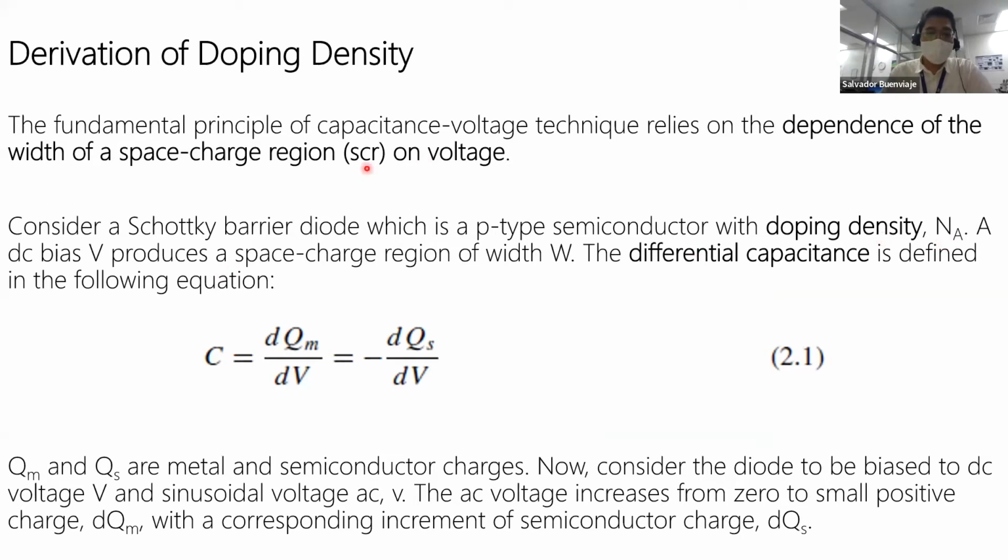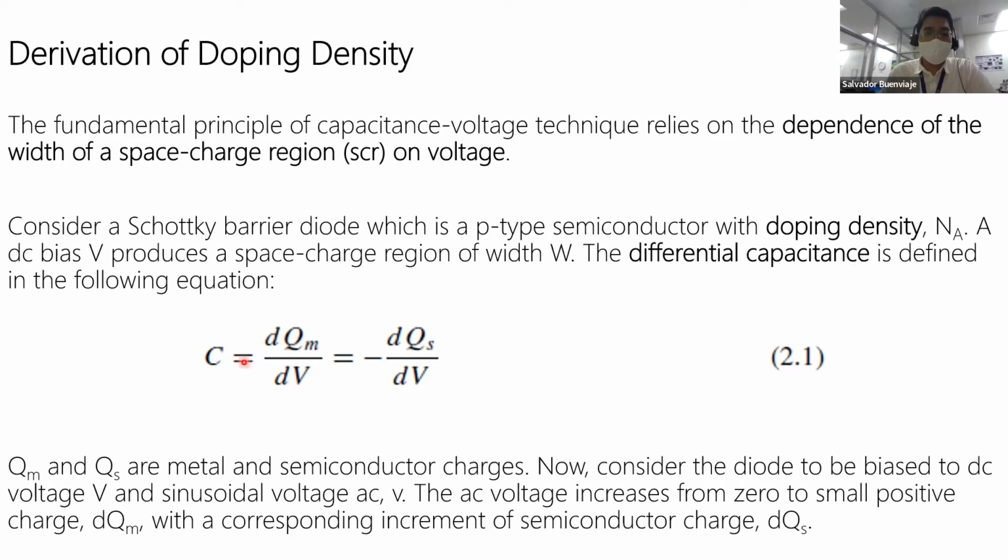The derivation starts with applying a DC bias with a voltage capital V to produce a space charge region of width W.